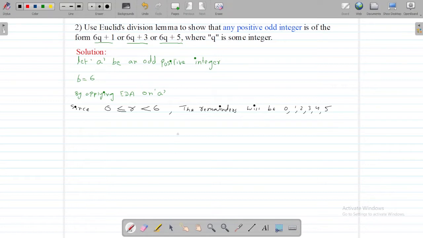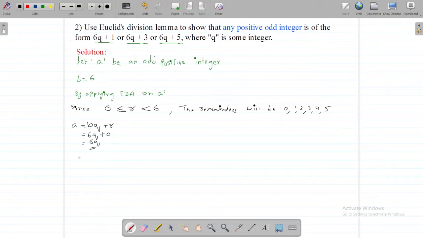So these are our remainders. Now we will substitute these values in the equation a is equal to bq plus r. So here it will be 6q plus 0, that is nothing but 6q. So this is our first value.